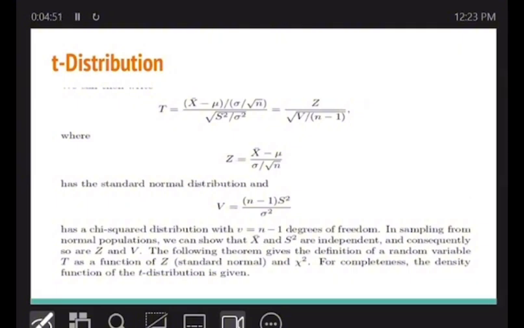Now, how do we actually formulate the T distribution? Do you know the T distribution actually comes from a Z distribution? Take a look at this in the numerator. What you see in the numerator is actually Z, right?